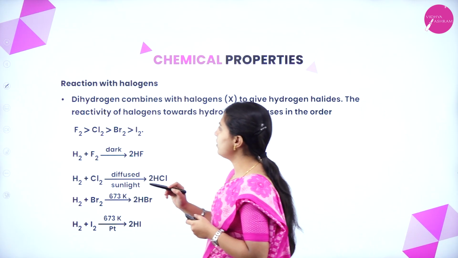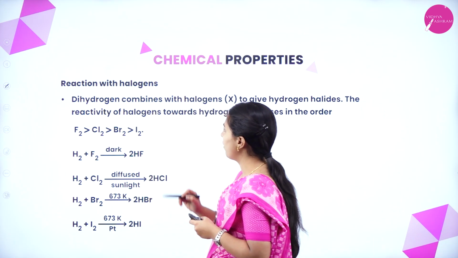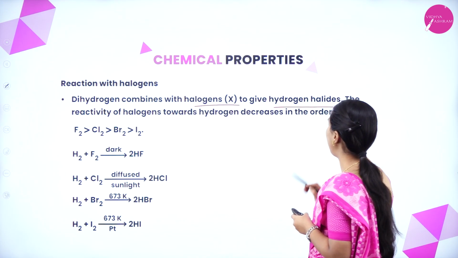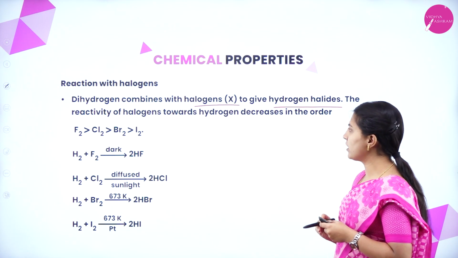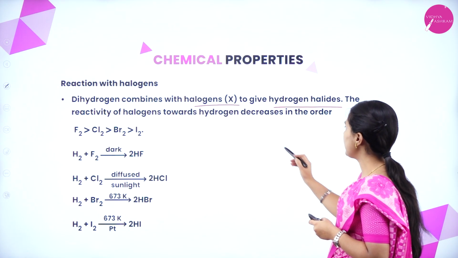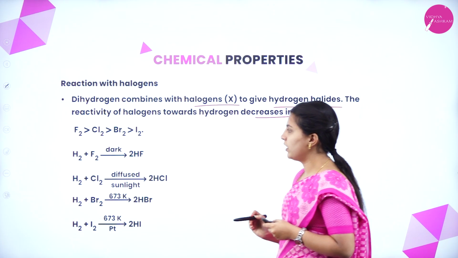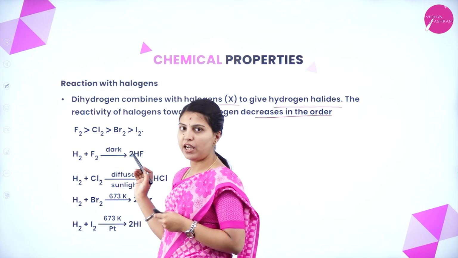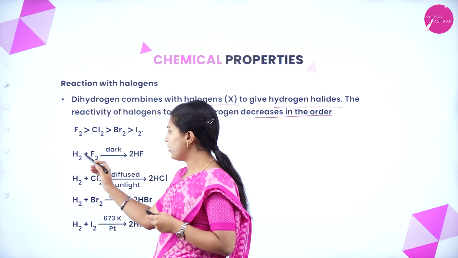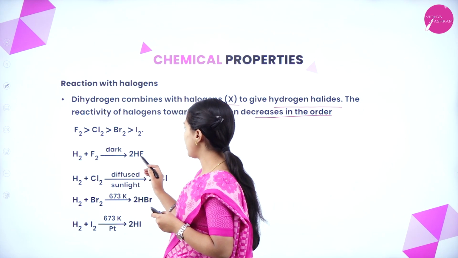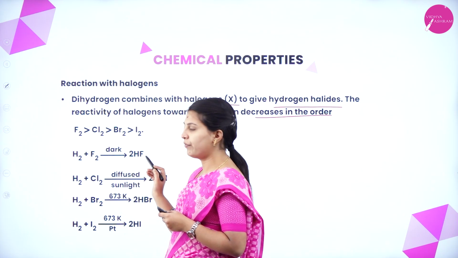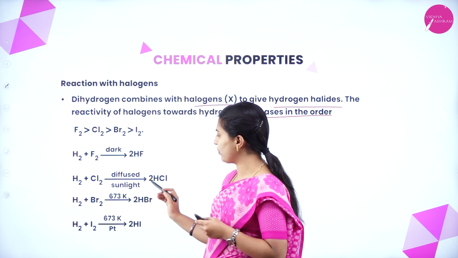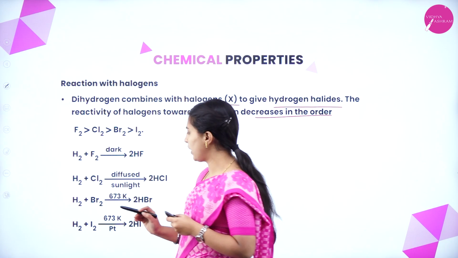We will see the first reaction, with halogens. Dihydrogen combines with halogens to give hydrogen halides. The reactivity of halogens towards hydrogen decreases in the order: fluorine, next chlorine, next bromine, next iodine. Hydrogen and fluorine react even in the dark to form hydrogen fluoride. Hydrogen and chlorine, in the presence of diffused sunlight, form HCl, hydrochloric acid.